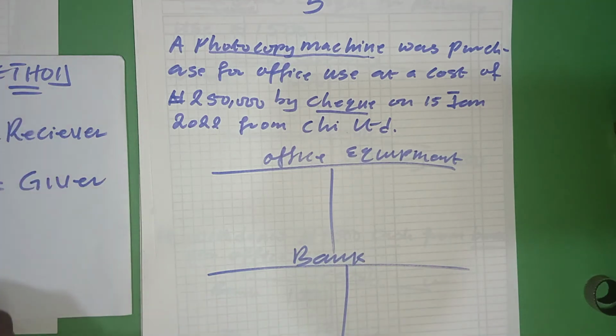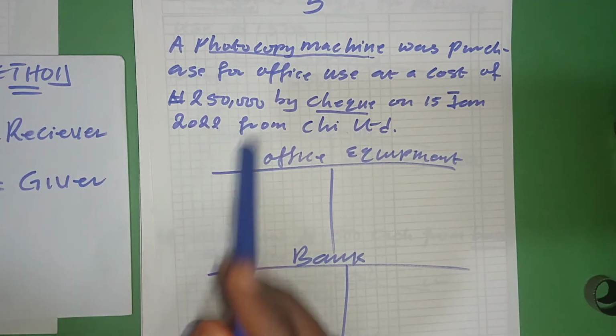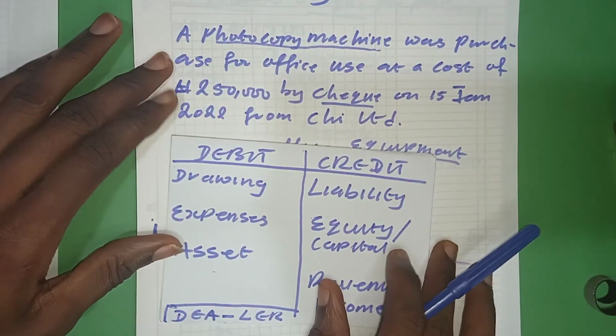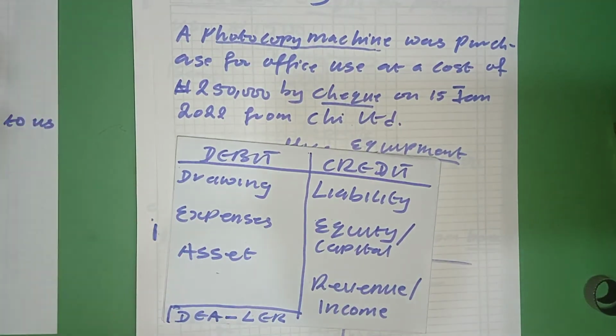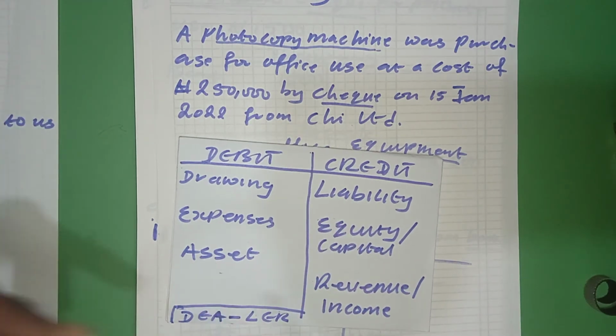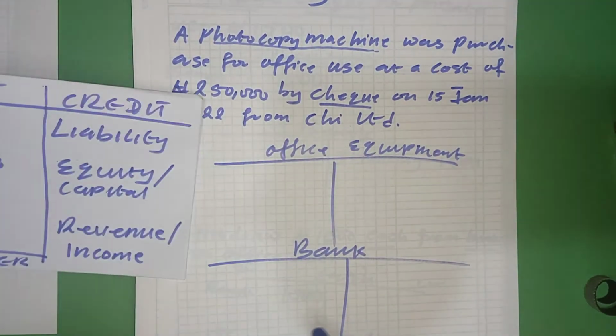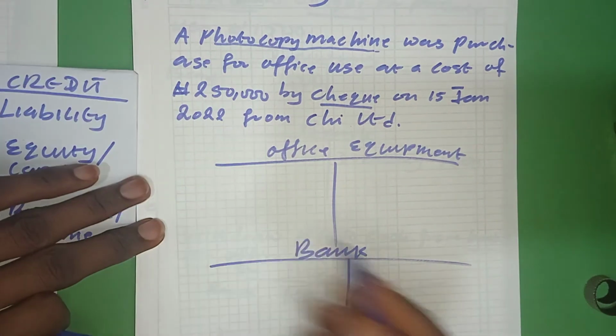Now, using this formula, you don't need to think two times. Photocopy machine is an asset, so you debit the asset. You credit the corresponding account. And what is the corresponding account here? The bank.